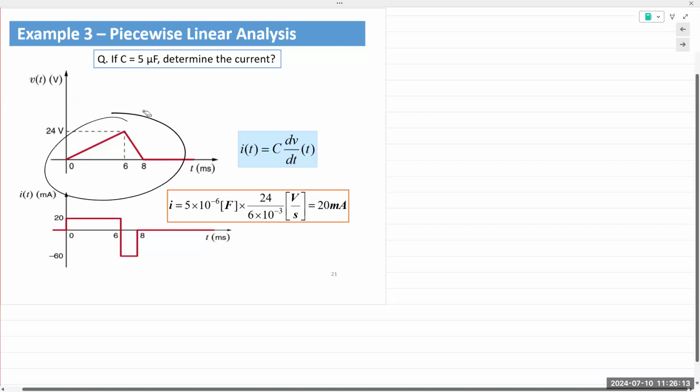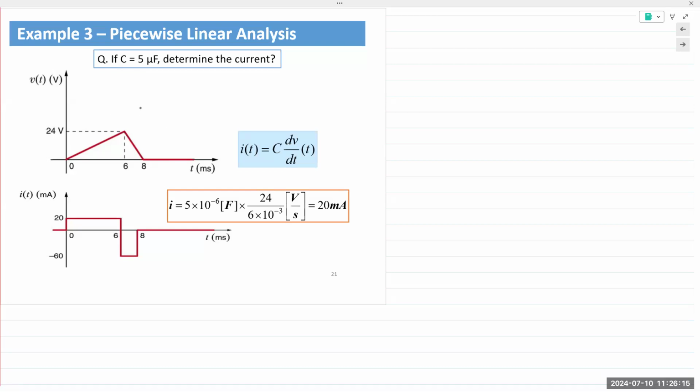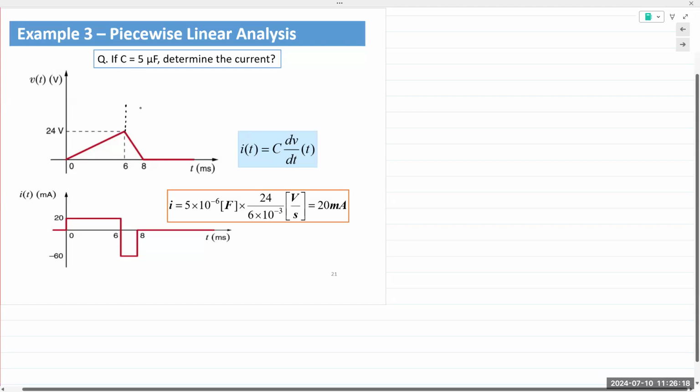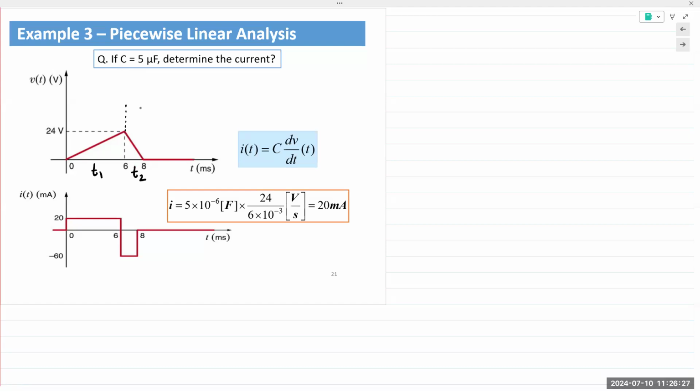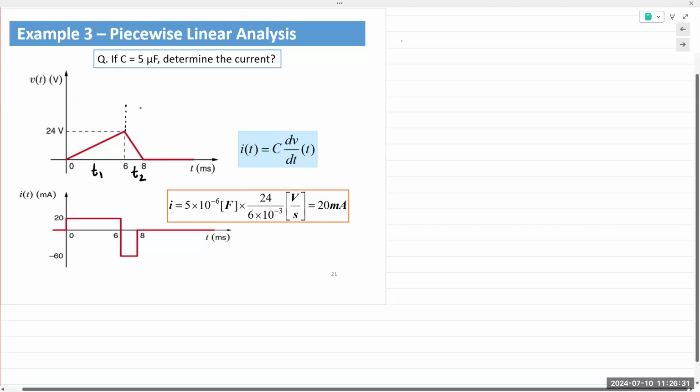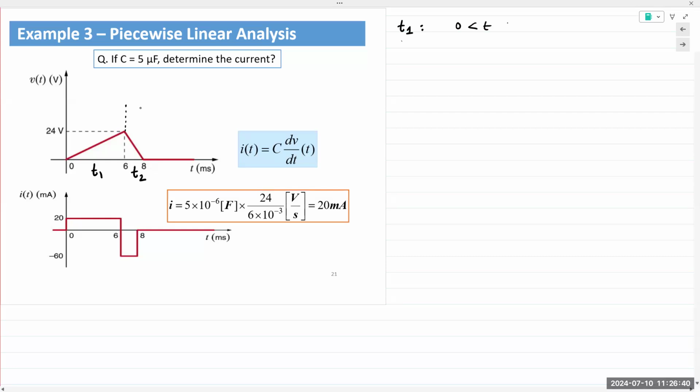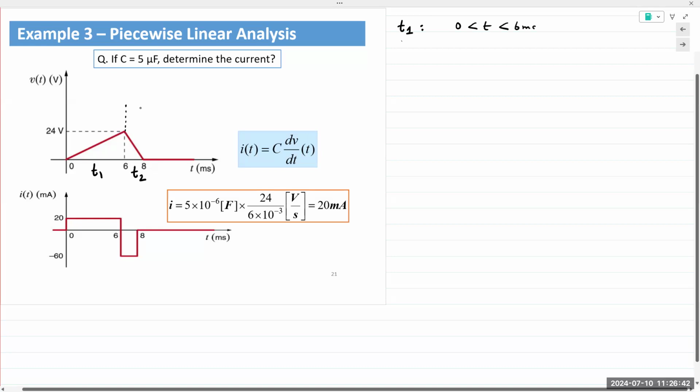So what we're going to do is we are going to break this up into two parts, 0 to 6 and 6 to 8. Okay, 0 to 6 and 6 to 8. We are going to call time t1 the period between 0 to 6 milliseconds.